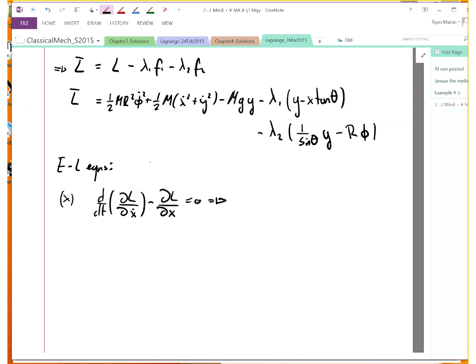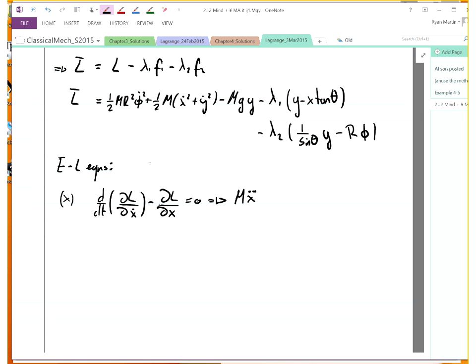Let's look at the x dots. There's only one term with x dots, that's the translational kinetic energy. So partial L by partial x dot gives just m x dot, because the squared cancels the half. And if I do d by dt of that, I get m x double dot.